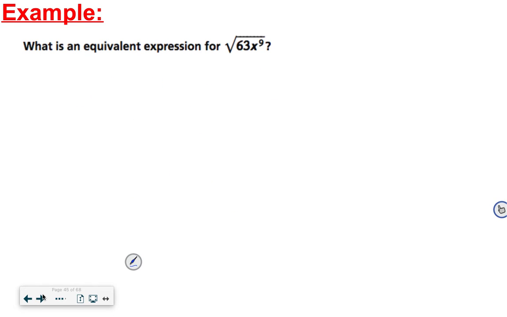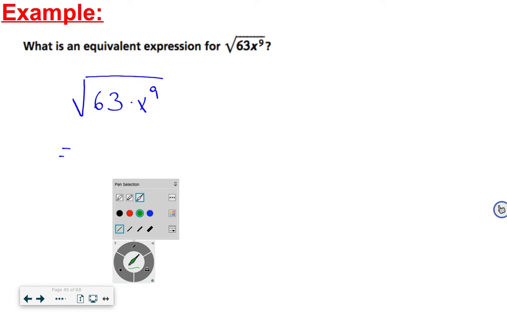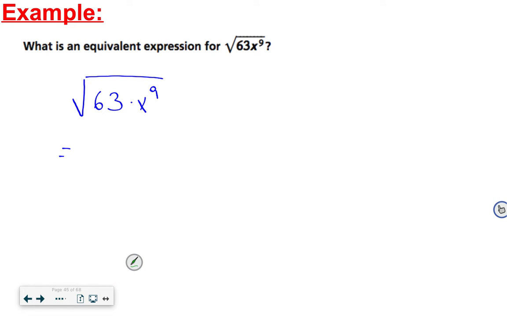Next one. What is an equivalent expression for radical 63 times x to the power 9? As you see here, there's also an expression inside the radical. The idea is the same, ladies and gentlemen. I am going to get the simplest form. To be able to get this, find the factors of 63, and one of the factors must be the greatest perfect square. 9 times 7.